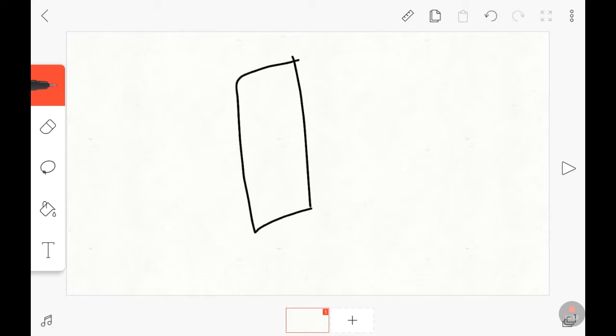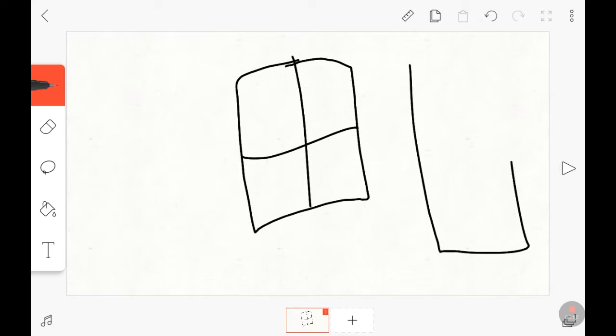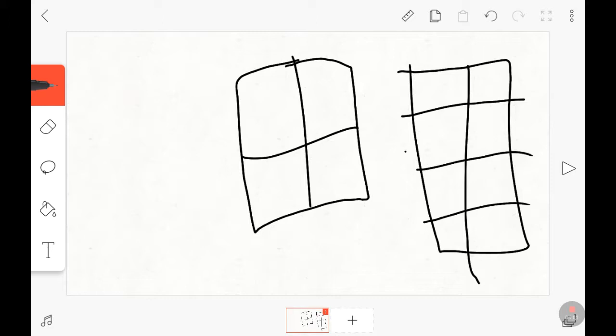Squares are really simple shapes. But squares are just glorified rectangles, for God's sakes. They're special, they're equal in a special way.